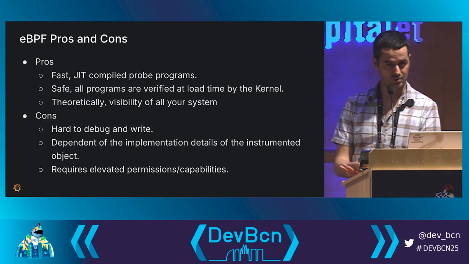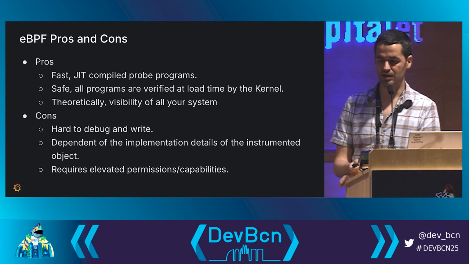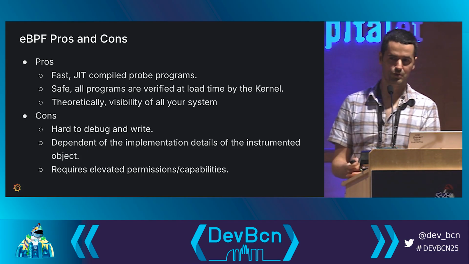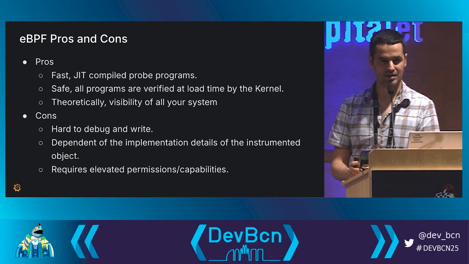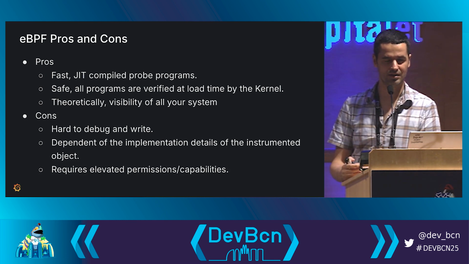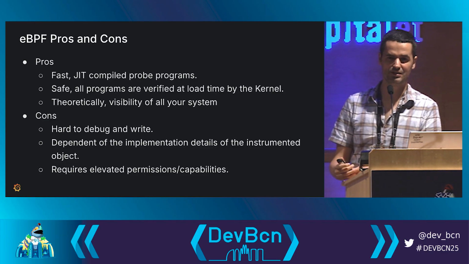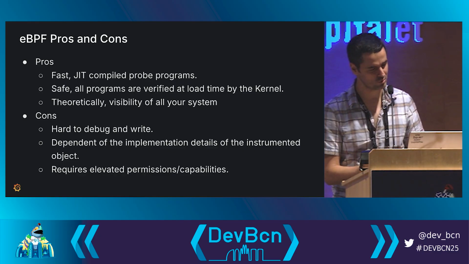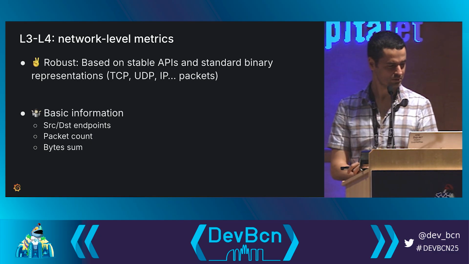And also another con it has is that it requires elevated permissions. So you cannot inject anything in your kernel that gets full visibility of your kernel without providing some permissions, at least to load those programs.